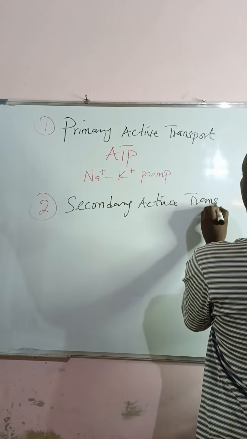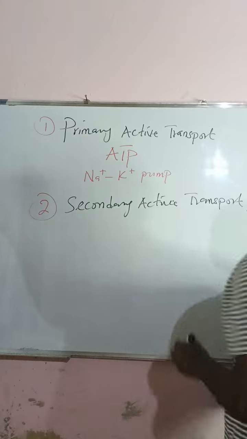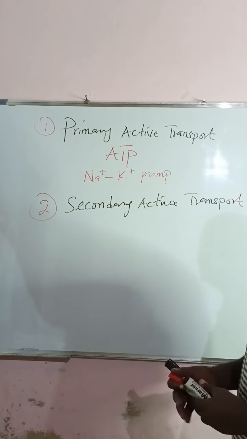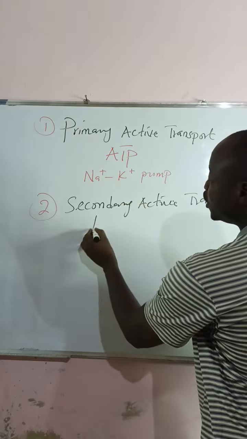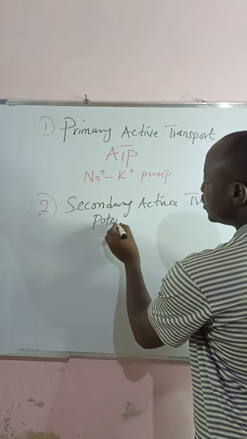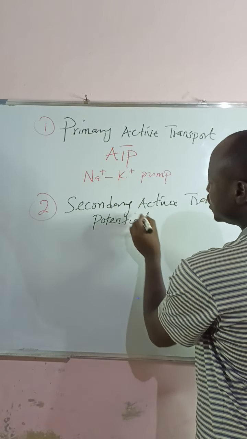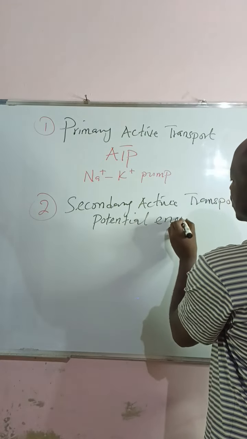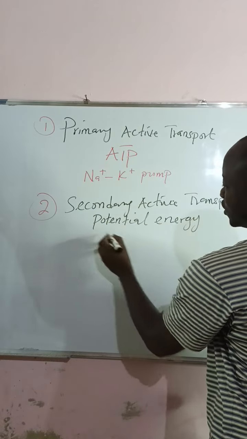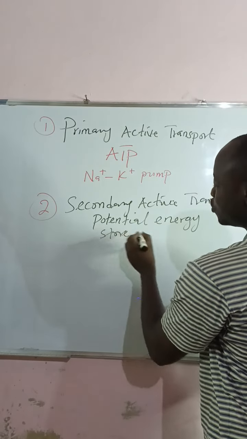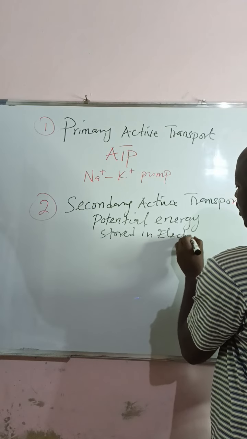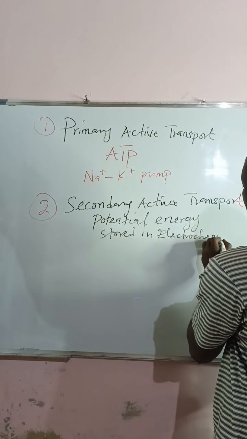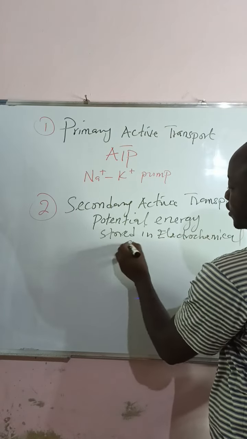In the case of secondary active transport, it is a type of transport that uses potential energy stored in an electrochemical gradient.